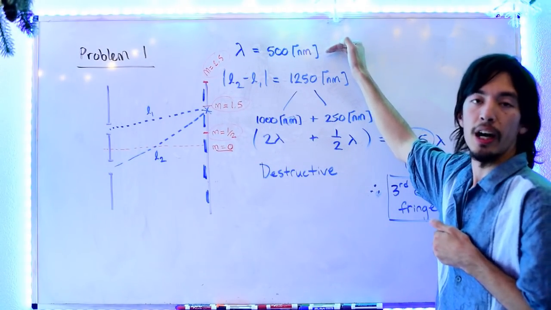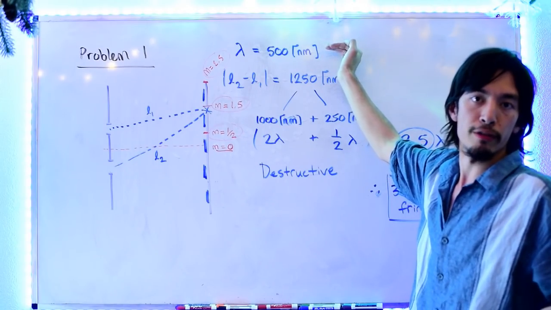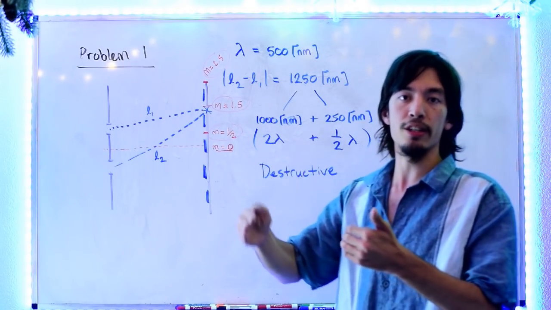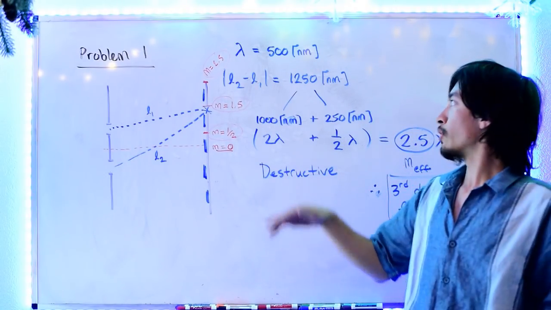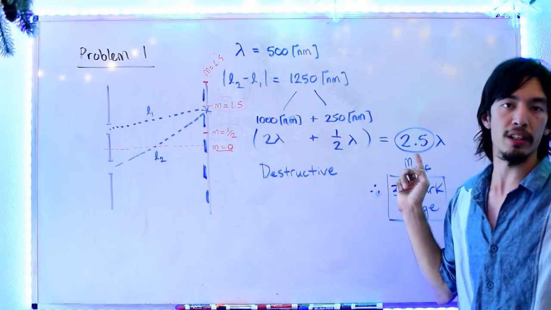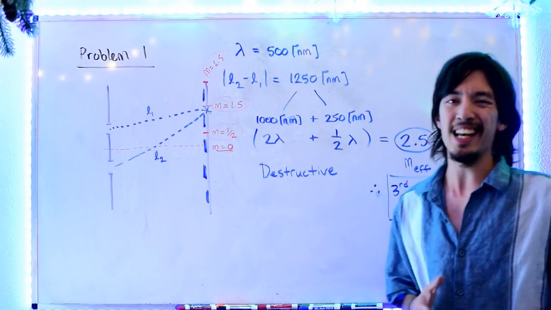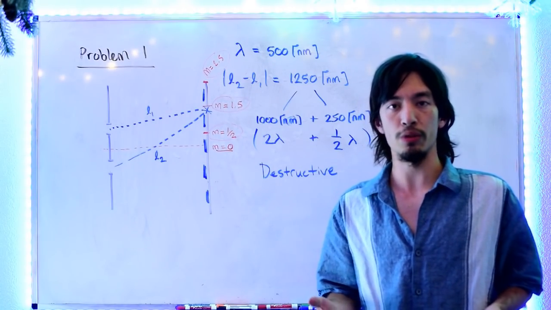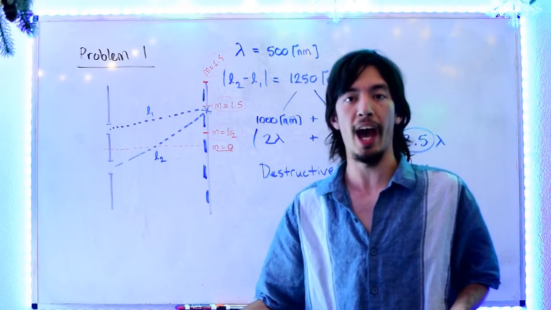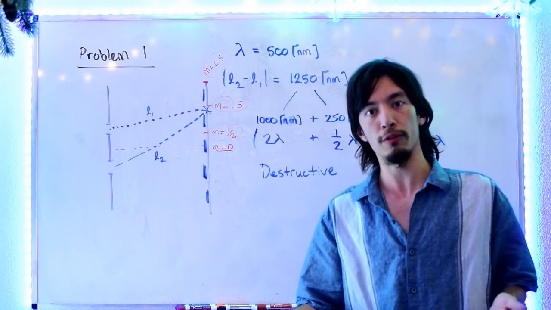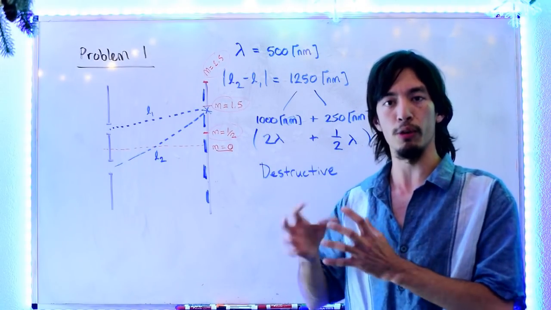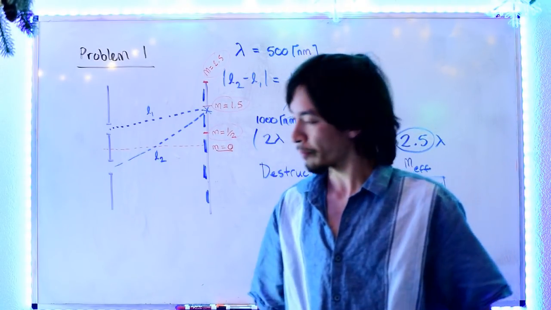If it's a whole number, it's constructive because you can fit an integer number of wavelengths into it, so it arrives constructively. If you get a half integer, then it's destructive. So you can pretty easily figure out if it's constructive or destructive by just seeing if it's a whole number or a half integer. But figuring out if it's the second or the third dark fringe requires just a little bit more thought beyond that.